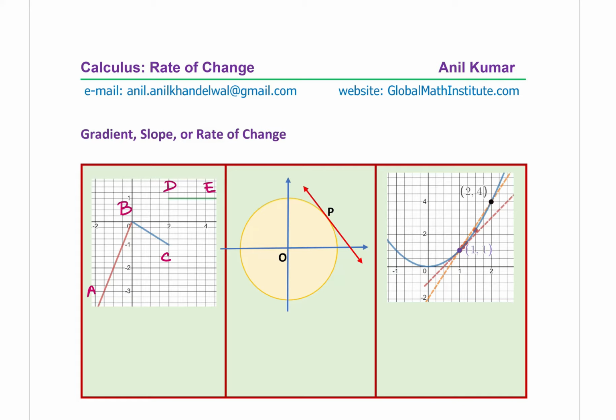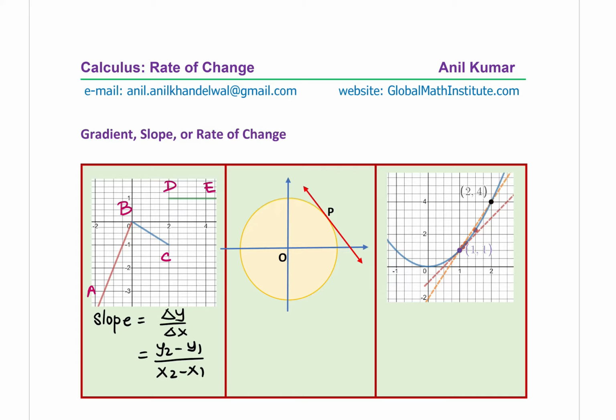We can find the gradient or slope. Let me use the term slope itself. We find the slope by finding change in y over change in x, and normally we'll write y2 minus y1 over x2 minus x1.